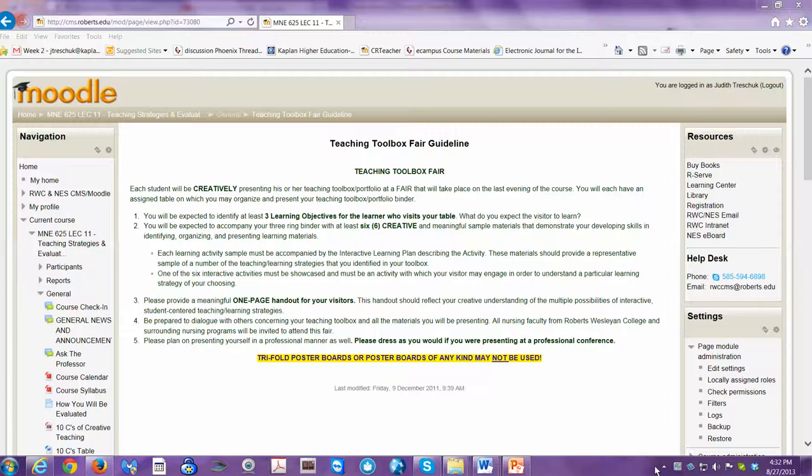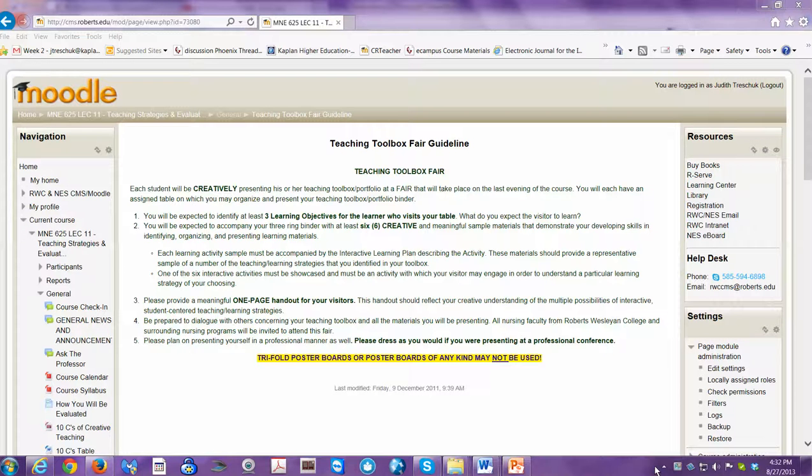So if you were showcasing a particular kind of game, competency-based game that you were doing with your students, then you would have the participant who comes to your table actually try to answer some of those questions.